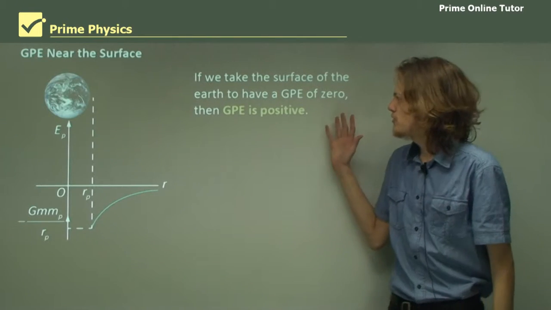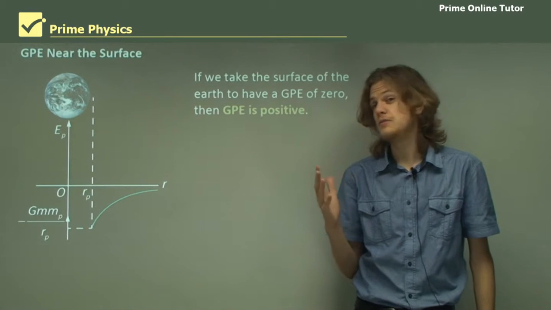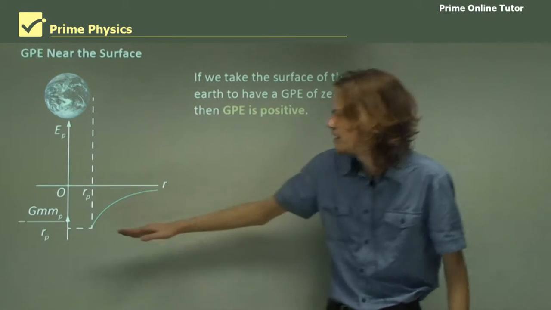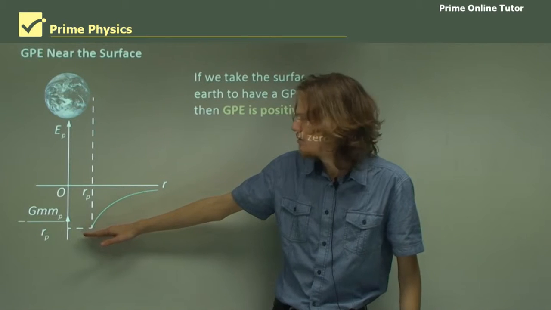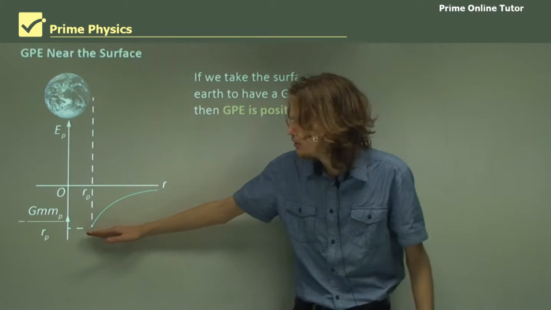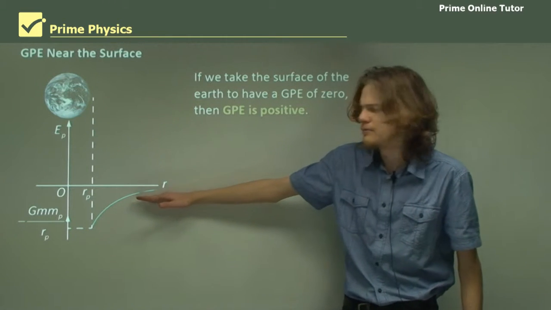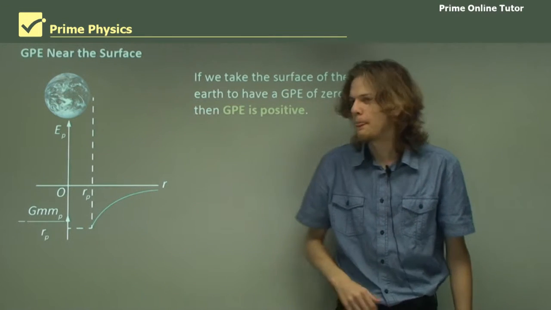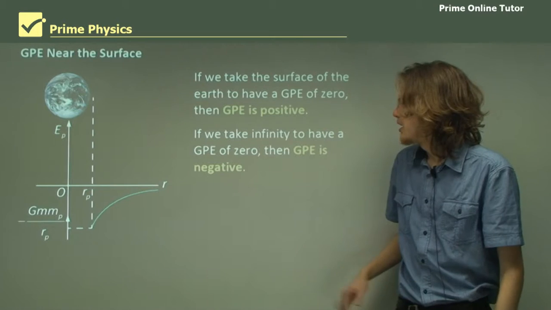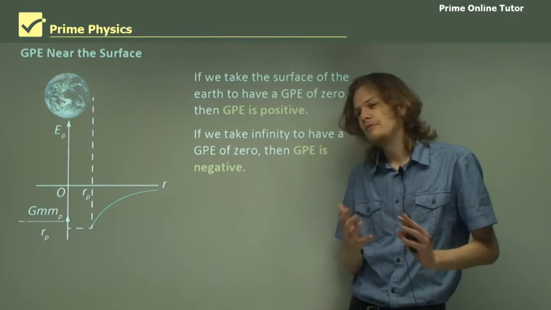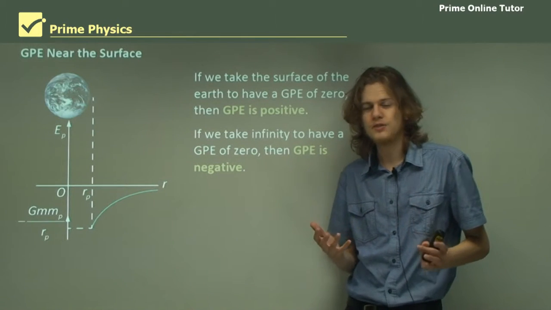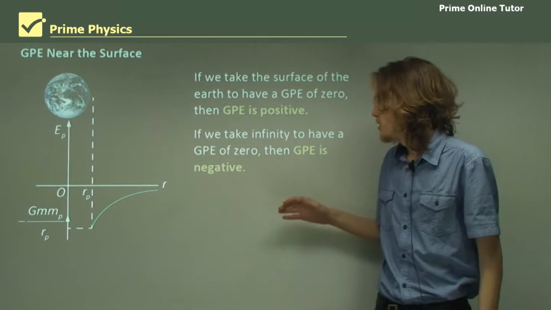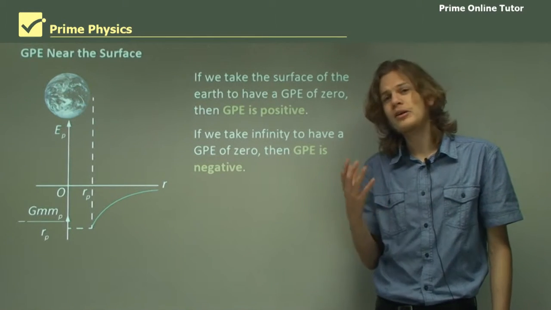So if we take the surface of the Earth to have a gravitational potential energy of 0, so we say that this is 0, then as we get further and further away from it, we'll gain potential energy, and our potential energy will be positive, right? But if we say that infinity has a gravitational potential energy of 0, and as far as we can tell it does, that means that gravitational potential energy will be negative.